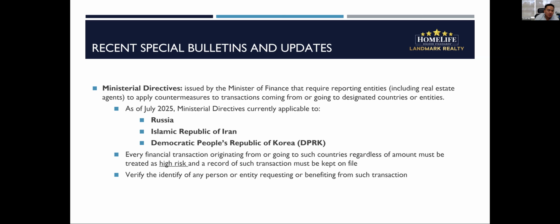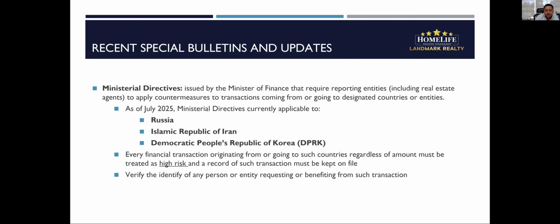Related to this are what are called ministerial directives. These are issued by the Minister of Finance under Fintrac, and they basically require reporting entities, which include real estate agents, to apply countermeasures to any transactions coming from or going to designated countries.